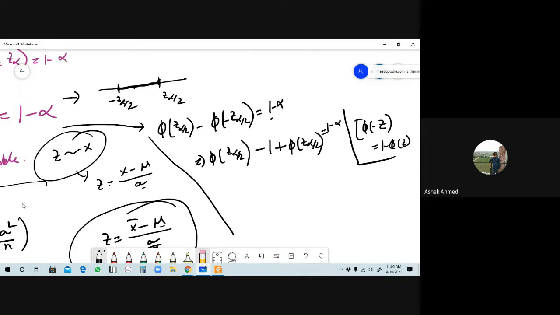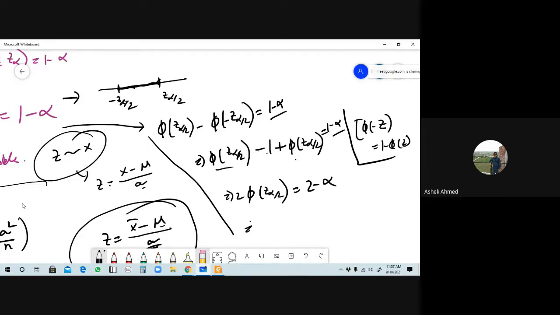This is 1 minus alpha, this is 1 minus alpha. This and this are plus, so that will be 2 into phi of z suffix alpha by 2, and since this is minus 1, if you take it to the right side, that will be plus 1, which is 2 minus alpha.